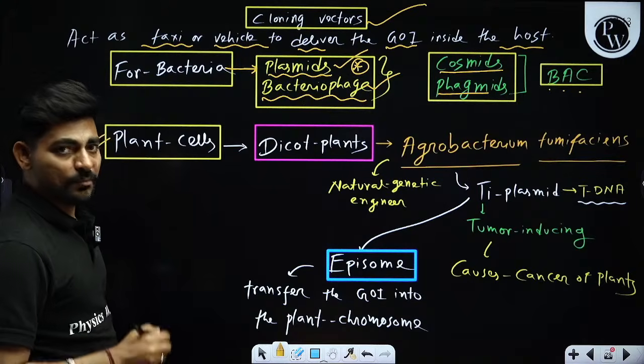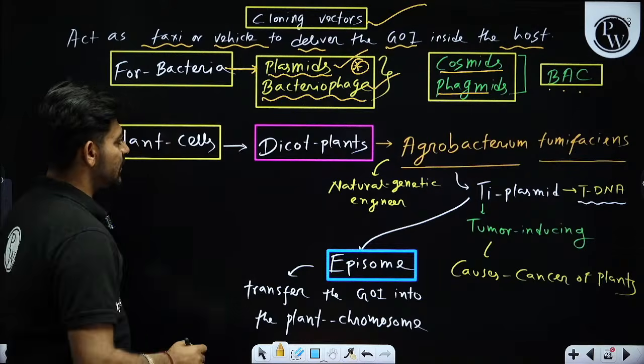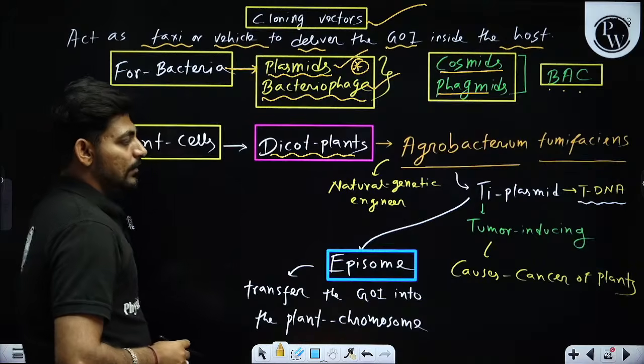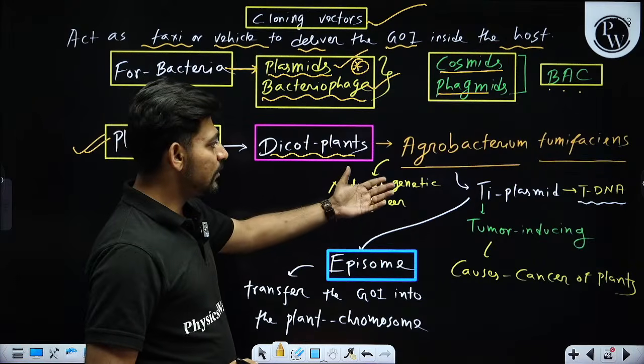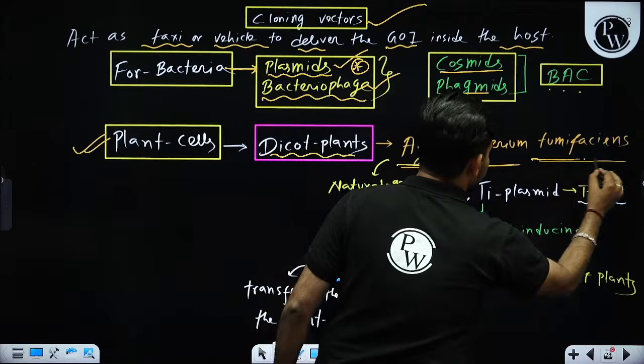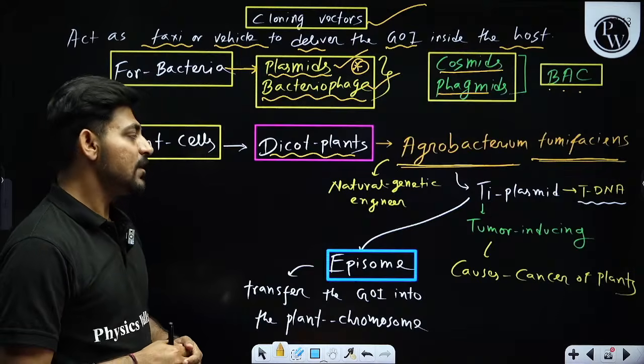Now plants are of two types, dicot plants and monocot plants. Specifically, if the plant is a dicot plant, they have a pathogen, a special bacteria called Agrobacterium tumefaciens. So it's the normal case of Agrobacterium tumefaciens.